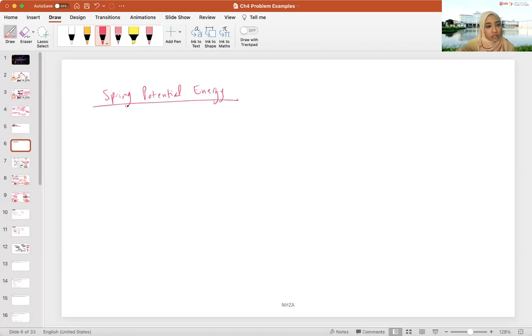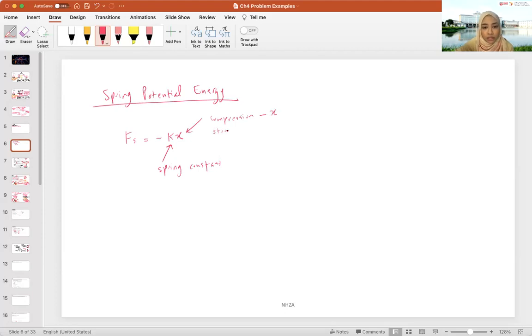So the spring potential energy comes from Fs, where Fs is equal to minus Kx. What is K? K is the spring constant. And x is the displacement, the stretching or the compression of the spring. When you have compression, we're going to assume that it is a negative x.